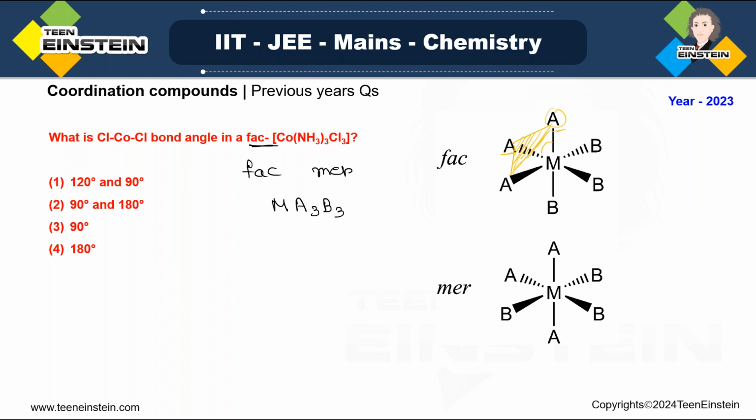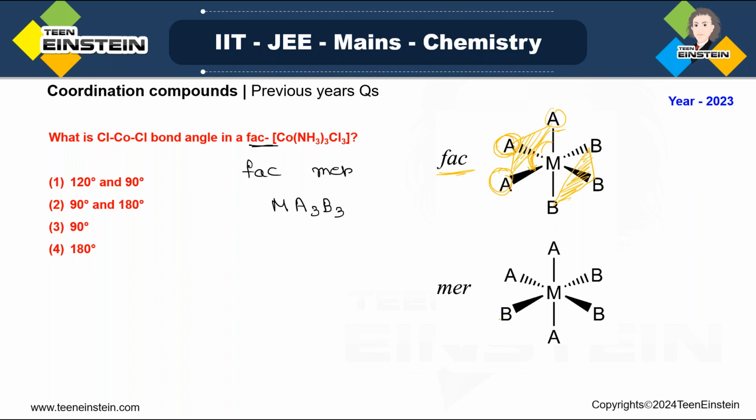If you choose this A and this A, that is also 90 degree. So whatever you choose, the angle is always 90 degree for fac. And that is also the same if you join these 3 B, you again get a triangular face. So as you are getting a face that is just outside this octahedral geometry, not something inside, if you consider these two triangular planes, they are not cutting the geometry, they are outside. So it is facial, fac.